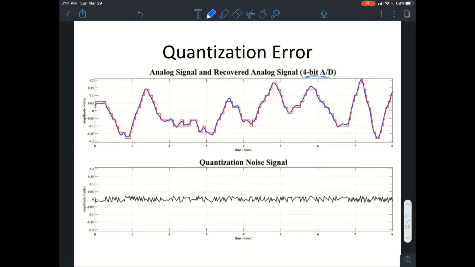One of the other things, so I already introduced more bits is more accurate. But one of the other things we want to think about is if we had more samples. So more bits is going to be your key, but more samples is also going to give us more accuracy as well.